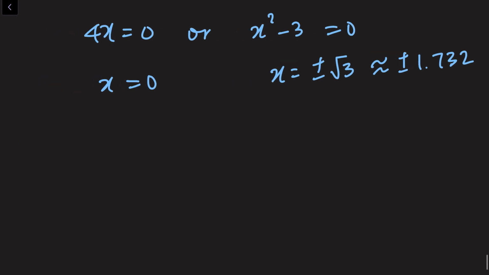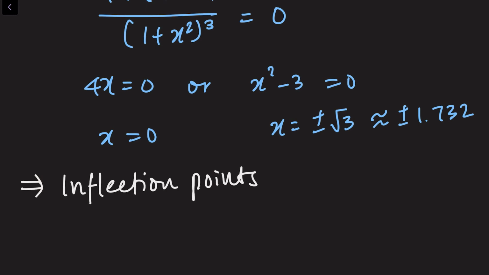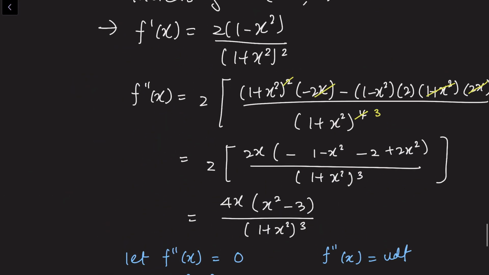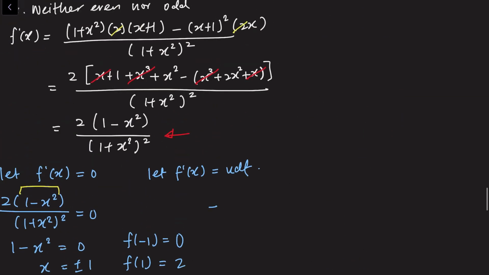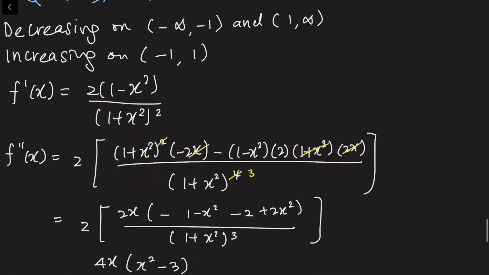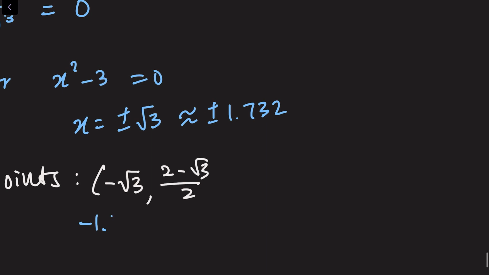So I will just directly write the inflection points. The inflection points are negative square root of 3, 0.13397, which is (2 minus square root of 3) over 2, approximately negative 1.732 and 0.13397.